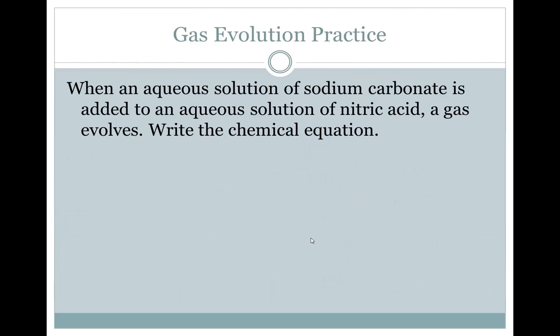So let's take a second to practice this. When an aqueous solution of sodium carbonate, Na is a plus, CO3 is a 2-, so it's Na2CO3, is added to an aqueous solution of nitric acid as HNO3, nitrate is a -1, so we only need 1 there, a gas evolves. Write the chemical equation. The very first thing you want to do with these is the inside-outside.